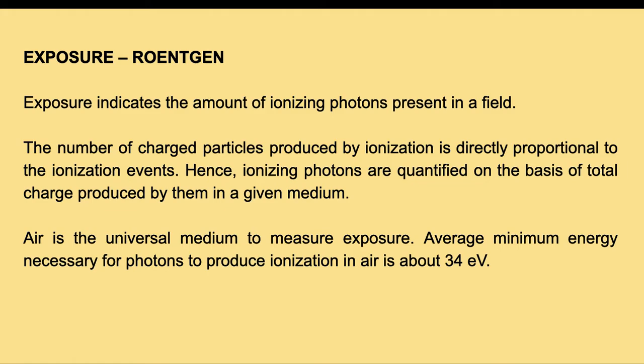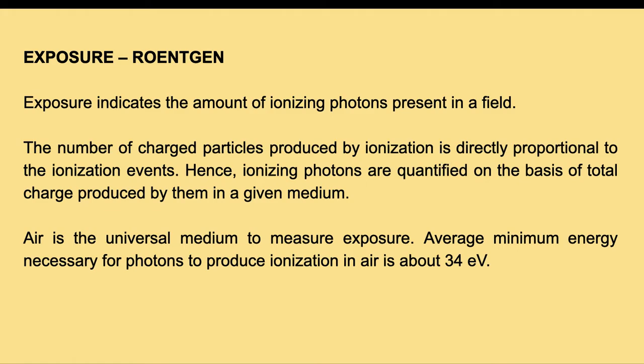So if one photon is passing or interacting with the medium, the probability is for producing one pair of positive and negative charges. And if 5 photons are passing, there is a possibility for producing 5. That is why you are saying that the number of charged particles produced by ionization is directly proportional to the ionization events.